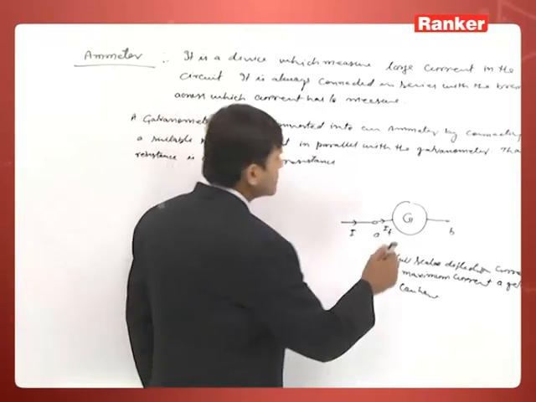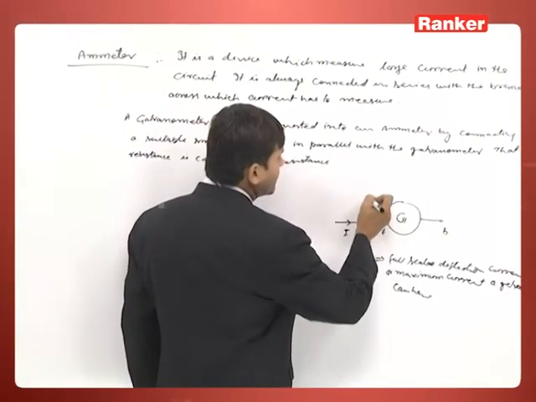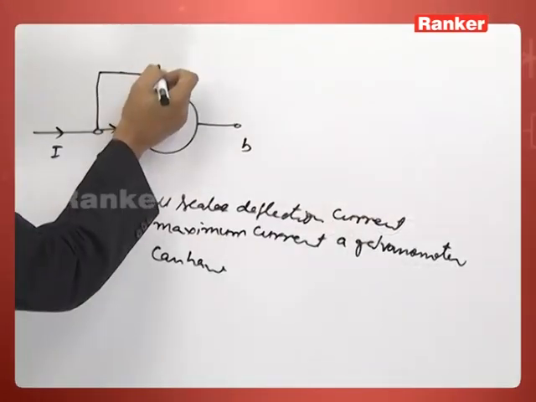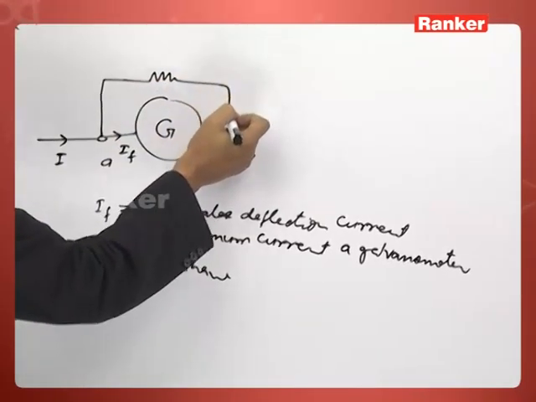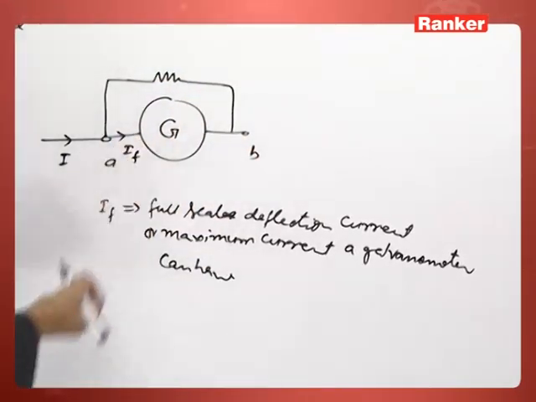So what we will do is make a bypass, or connect a resistance parallel to the galvanometer.